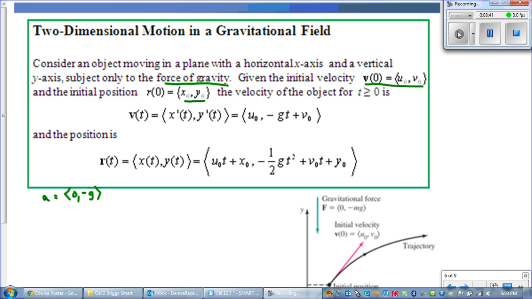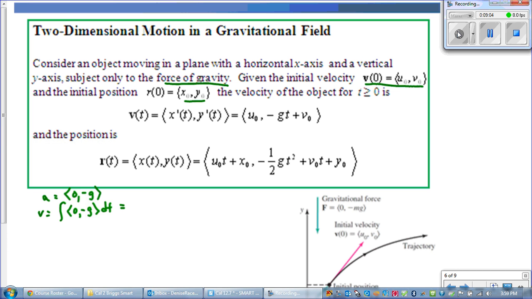We will use this acceleration then to find the velocity. Since acceleration is the derivative of the velocity, that means that the velocity will be the antiderivative of the acceleration. So the integral of 0, -g will be just a constant in the first component.